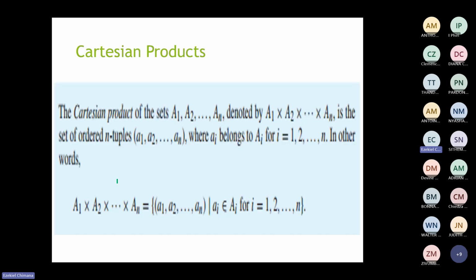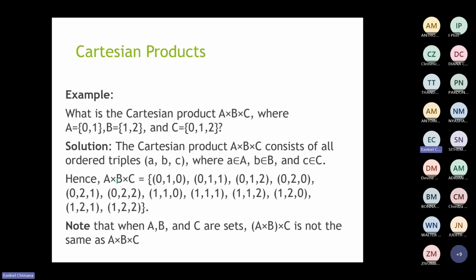Then on a Cartesian product with 3 sets, what you have to do is very simple, but you need to keep track of it so that you do not easily get lost. Here, we start with this 0, and then you go to this one, and then you go to this one. So it's 0, 1, 0. After that, you go again to 0, you go to 1, and then you go to this one. That's why you've got 0, 1, 1.